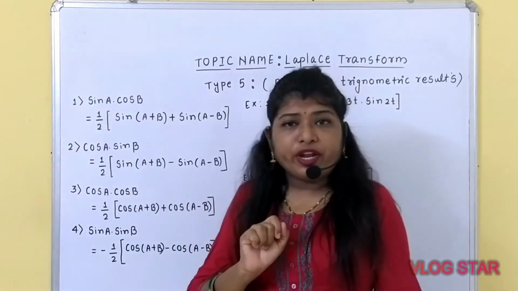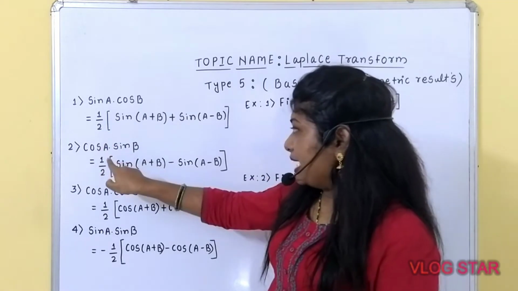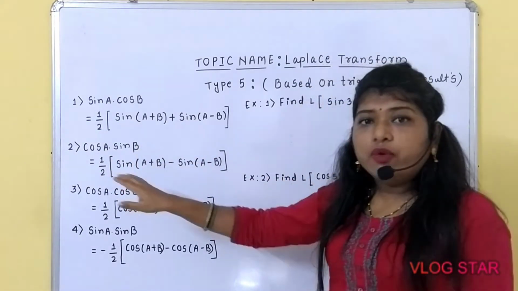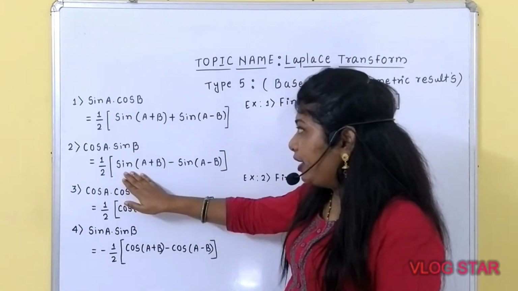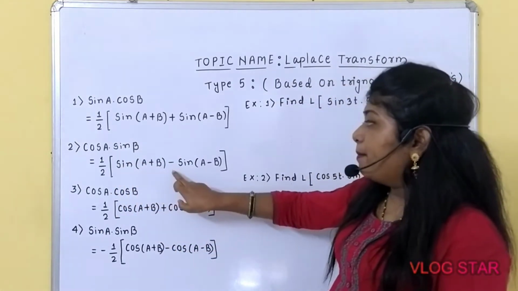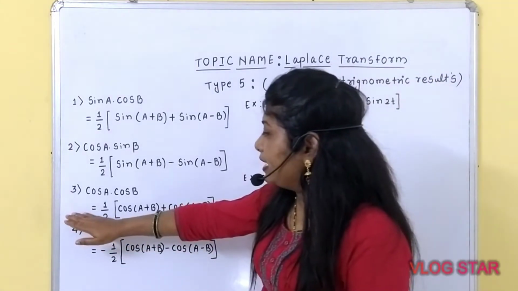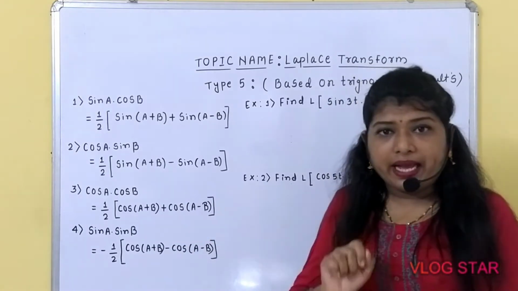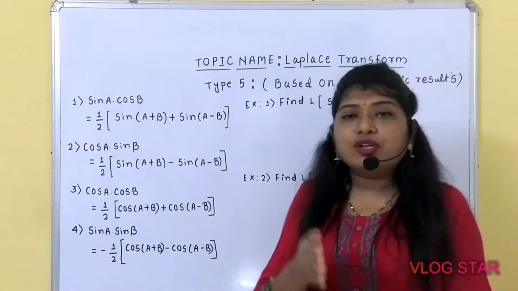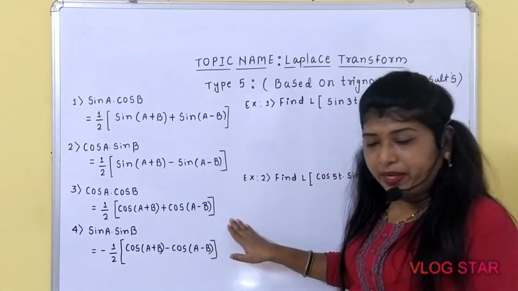The second important formula is cos A into sin B, which is equal to 1 upon 2 inside the bracket sin of A plus B minus sin of A minus B. The third formula is cos A into cos B, which can be given by 1 upon 2 inside the bracket cos of A plus B plus cos of A minus B.